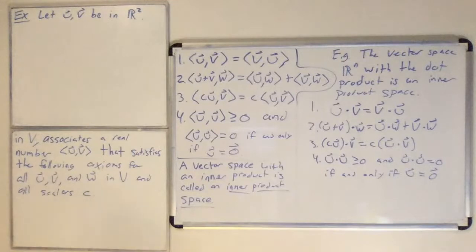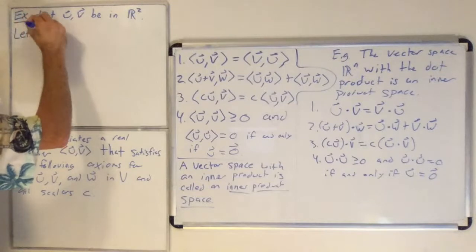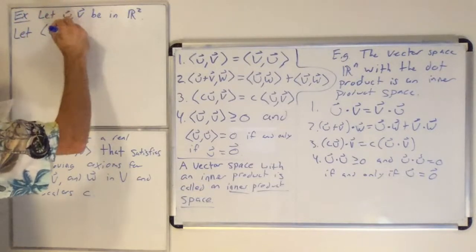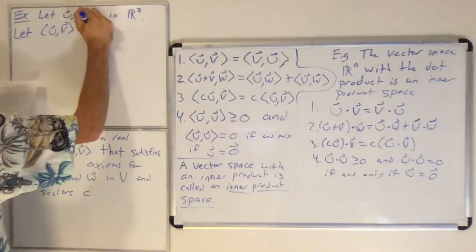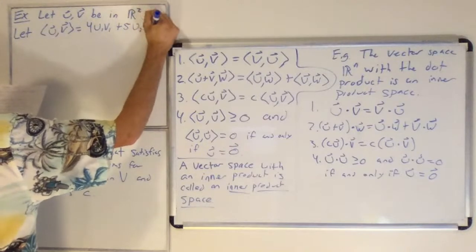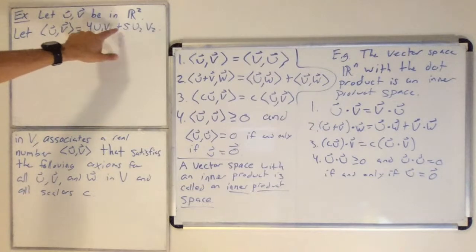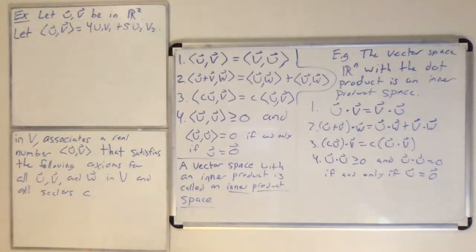So we'll let u and v be in R2. And again, feel free to ask any questions you may have. Okay, so we'll let u and v be in R2, and we'll let the inner product of u and v be 4u1 times v1 plus 5u2 times v2. Show that this is an inner product.